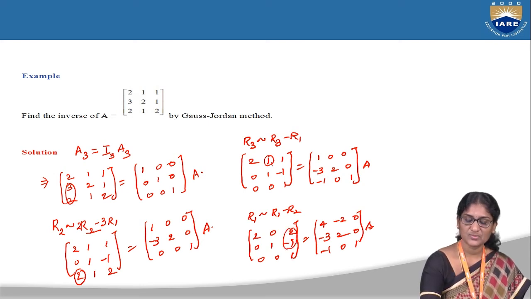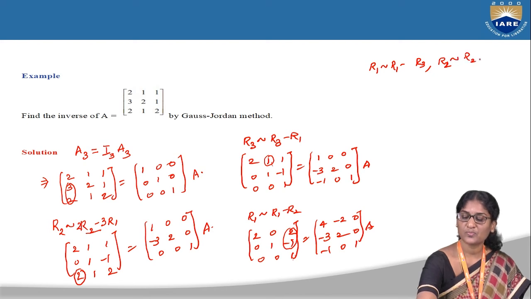So making use of the last row, R3 last element, I can write R1 reduced to R1 minus 2R3. Similarly, we'll do one more operation simultaneously: R2 gives rise to R2 plus R3.